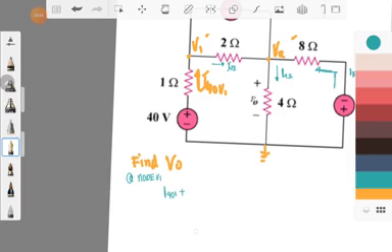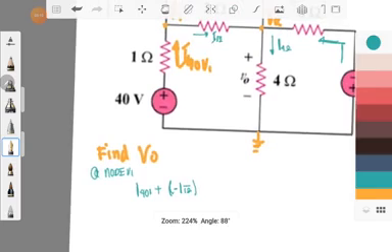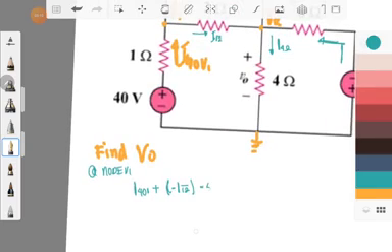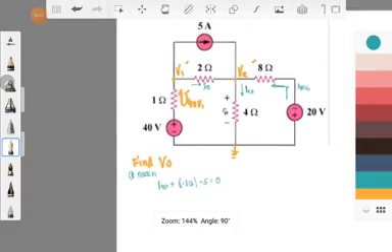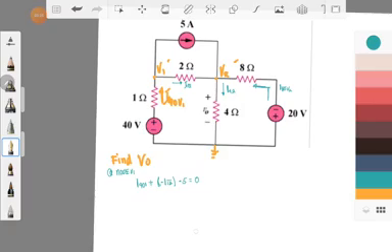Plus our I12, it's going out of the node, so it is negative I12. And then our 5 amperes, it is going out of the node, so it is negative 5 ampere. By conservation of charges, it is equal to 0. Okay, that is our equation for your node 1.